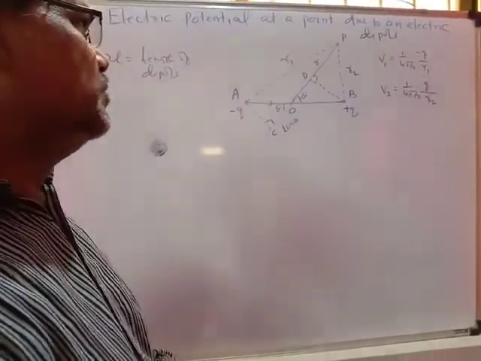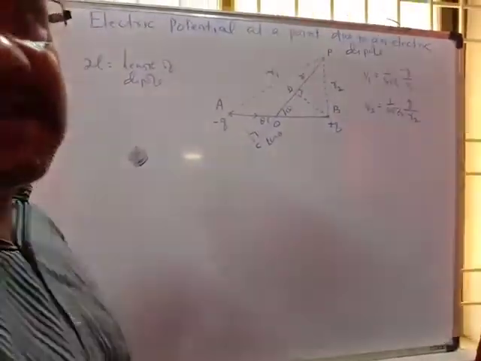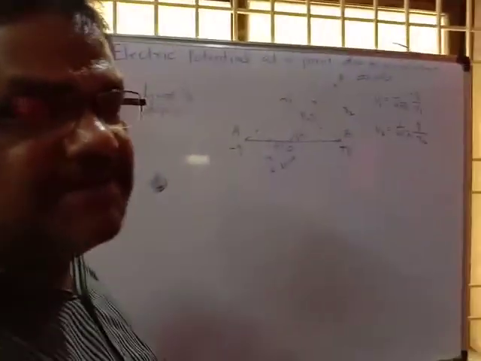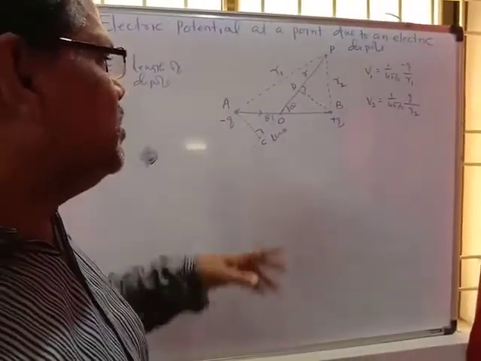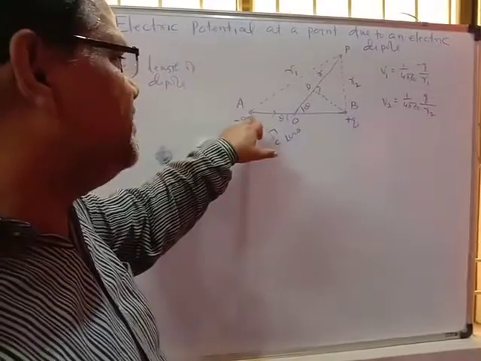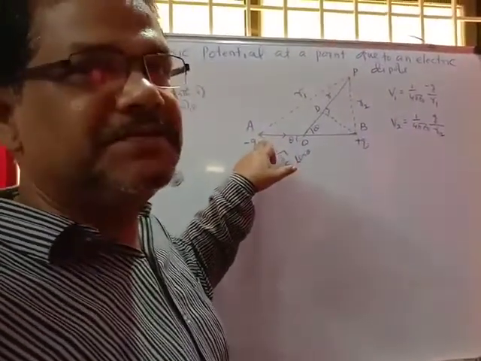Clear? So one thing just to remember, electric potential is a scalar quantity. Simply it will be added algebraically. So what will be the electric potential at point P due to minus q charge?